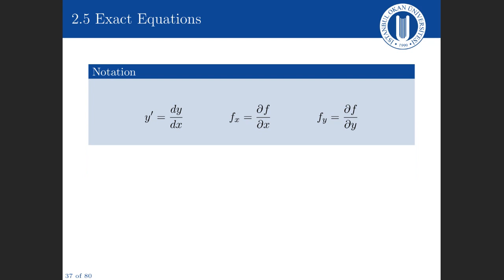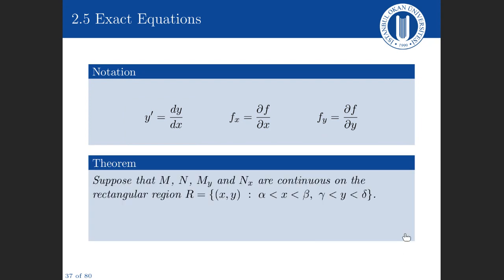Before I go on, I want to introduce some notation. For an ordinary derivative, dy/dx, we can write this as y prime. For partial derivatives, df/dx or df/dy, I want to use this notation, f subscript x and f subscript y.